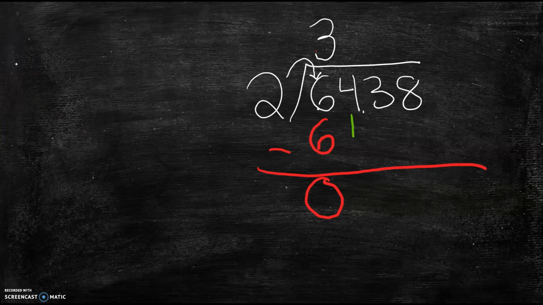Next, we're going to bring this 4 down. Okay? And we're going to write it right there. Yep, right there. Now, we want to know how many times does the number 2 go into the number 4? How many? Can you tell me?